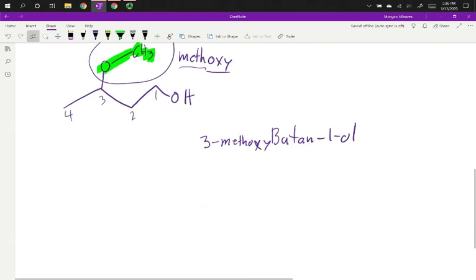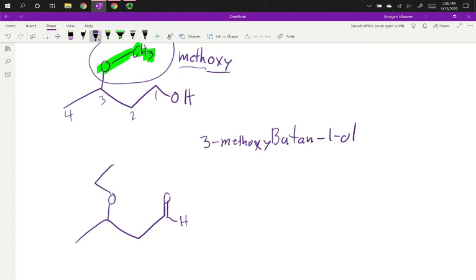In fact, let's try it with a different one. Let's make the aldehyde. And let's give it 2 carbons this time. If we do that, I have an ether subgroup, and it has 2 carbons on it. So this is an ethoxy.